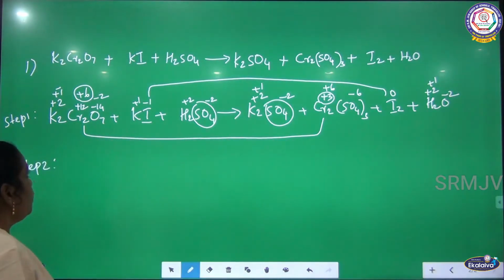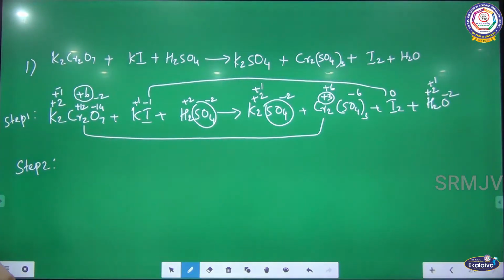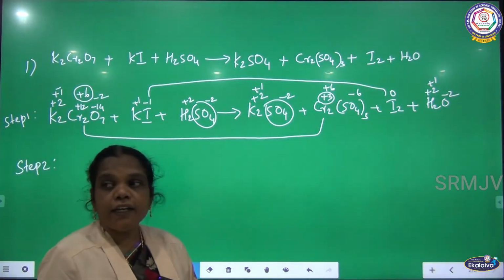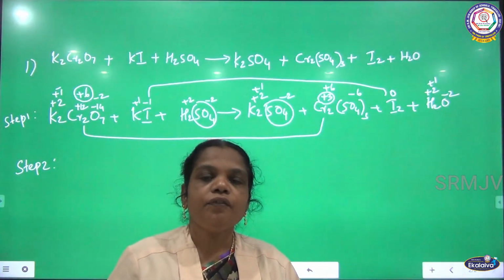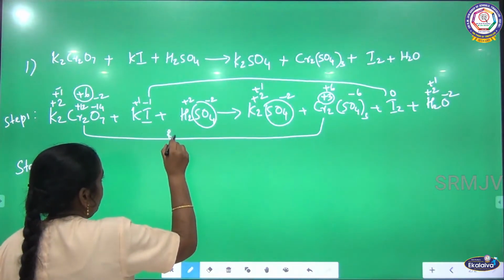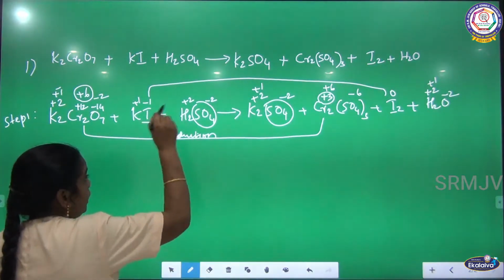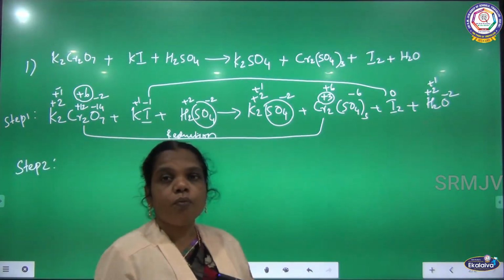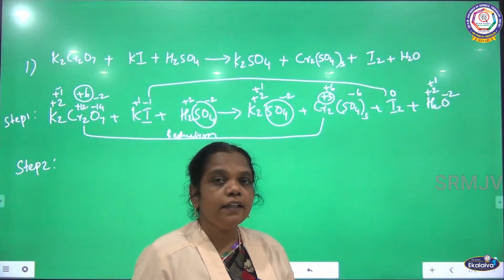Chromium goes from +6 to +3, a decrease in oxidation number. You know that a decrease means gain of electrons, which is reduction. And iodine goes from -1 to 0, the oxidation number is increasing.